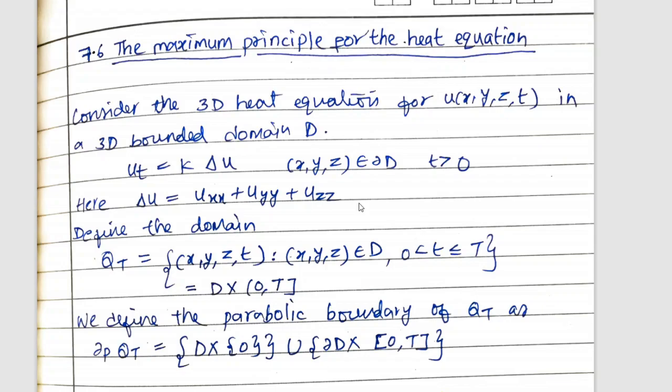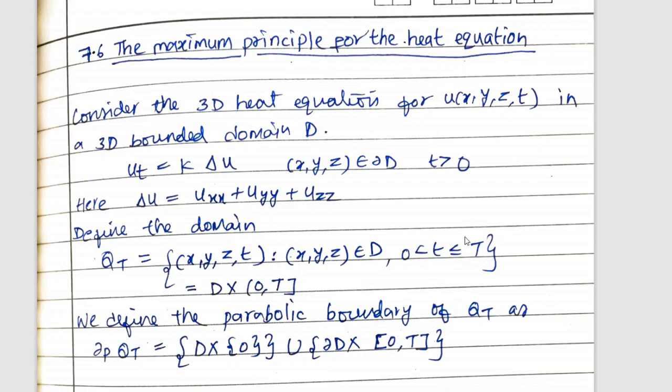Now we define the domain here to be QT, because in the domain t is also there. So we have 4-tuples here. The domain of this heat equation is QT. It contains the set of all xyzt such that xyz is an element of D. And what about t? t is the time.